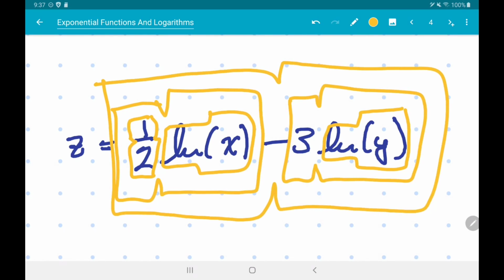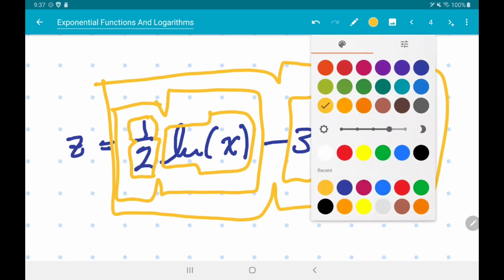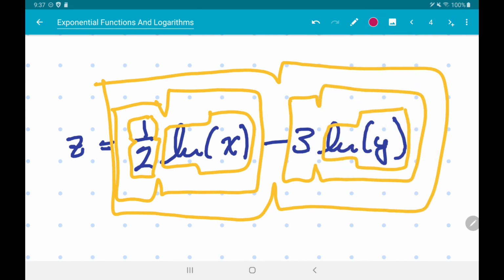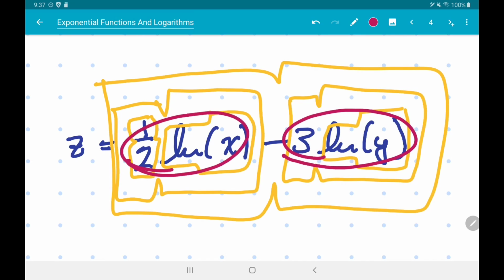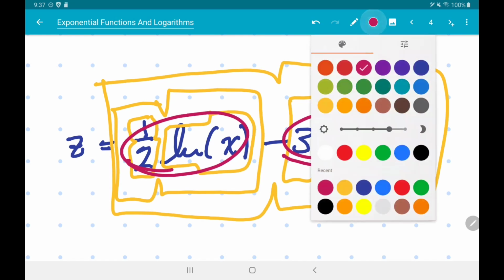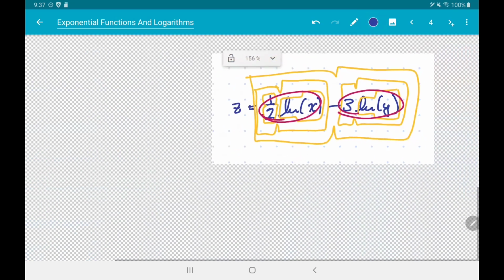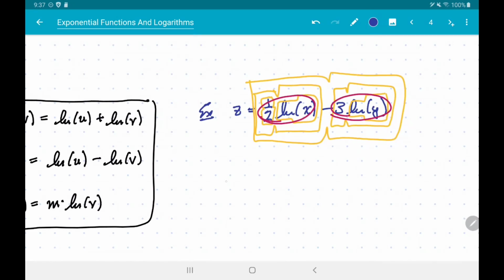With putting together, we'll start with an inside application. In other words, we're going to start with something small, something like this or like this, and rewrite it using these algebraic properties of logarithms. Let me rewrite this with a little less visual noise.